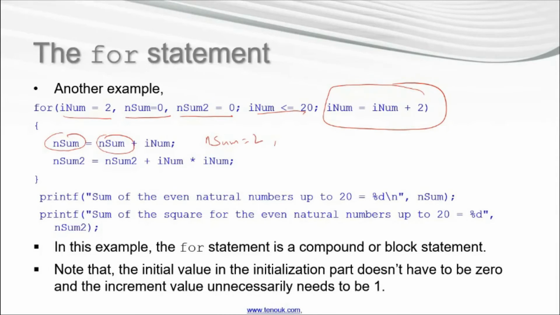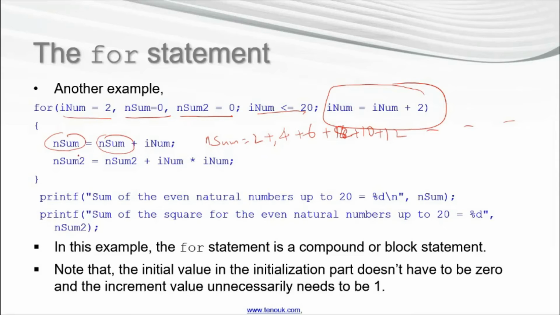In the next iteration inum becomes 4 because inum equal to inum plus 2, so nsum equal to nsum plus inum. nsum is now 2 plus 4, plus next iteration 6, then 8, then plus 10, plus 12, etc. It goes up to 20.